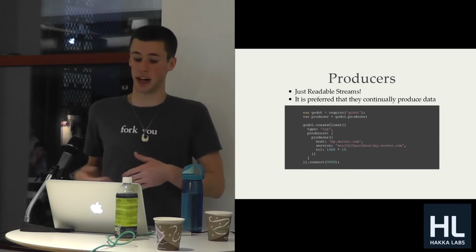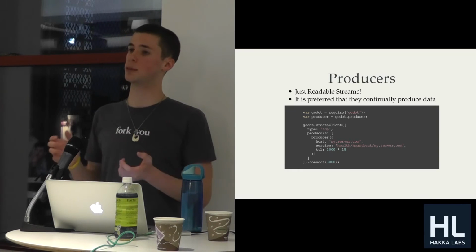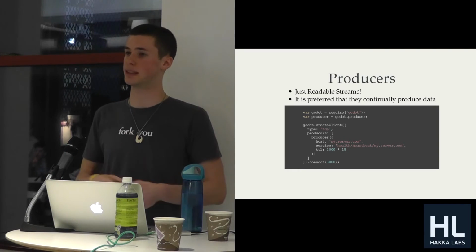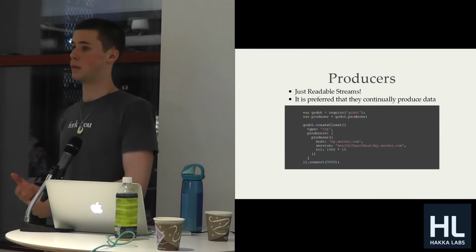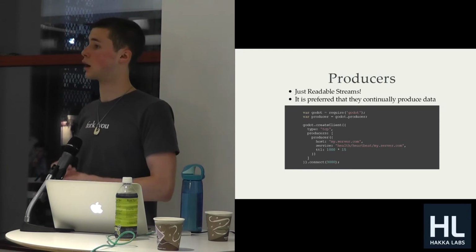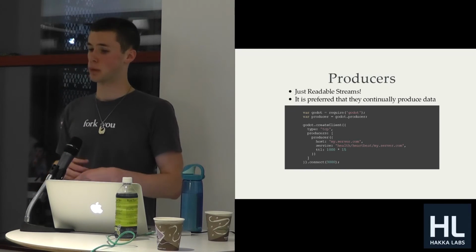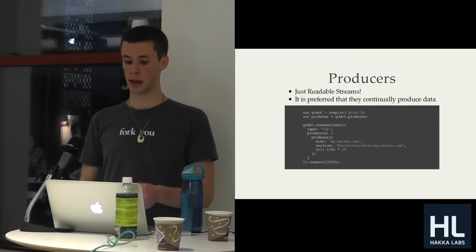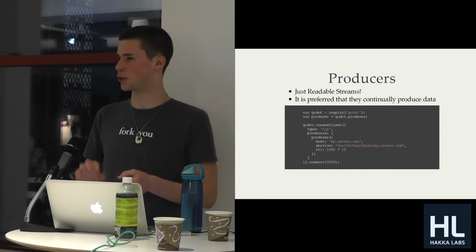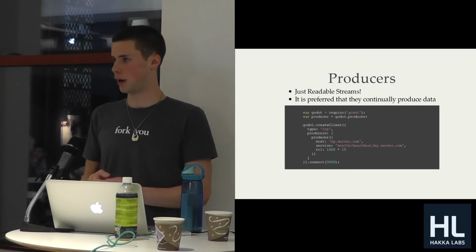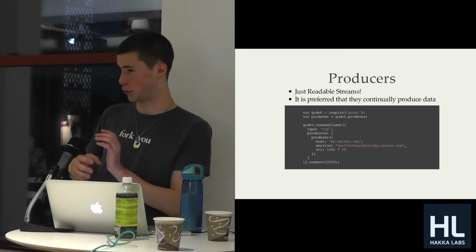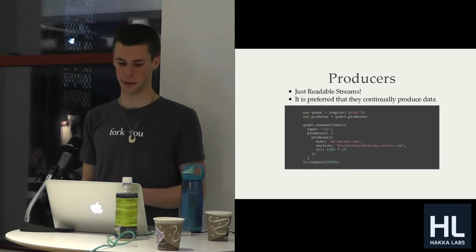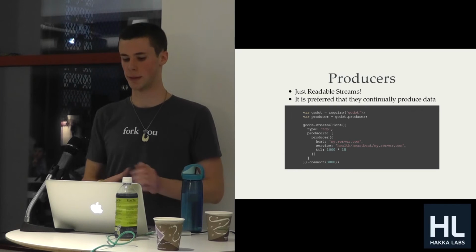In a sense, they are just readable streams. It's like a readable stream that just creates data on a particular interval. That's what the default Godot producer will do. You just continually produce data, otherwise I don't know what you'd be doing with that stream. If it just produced some data and then that was it, I guess it'd be a kind of useless producer.